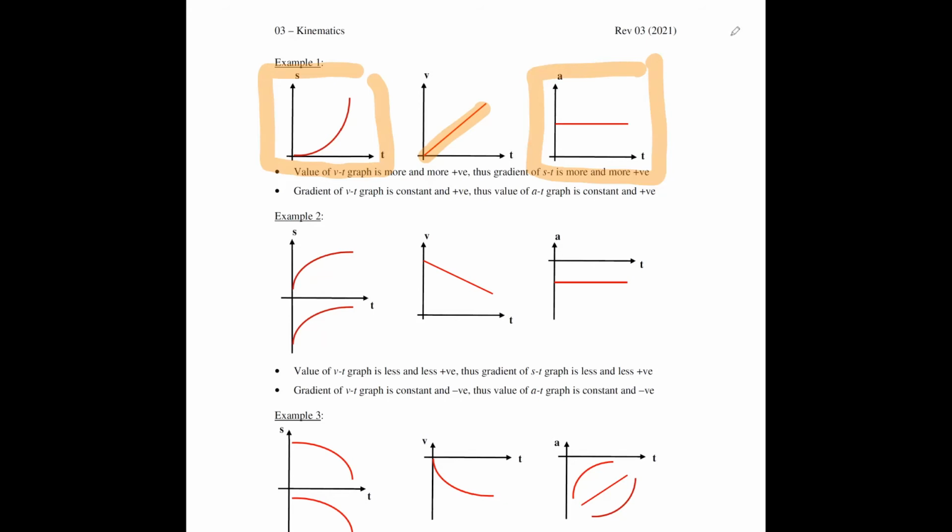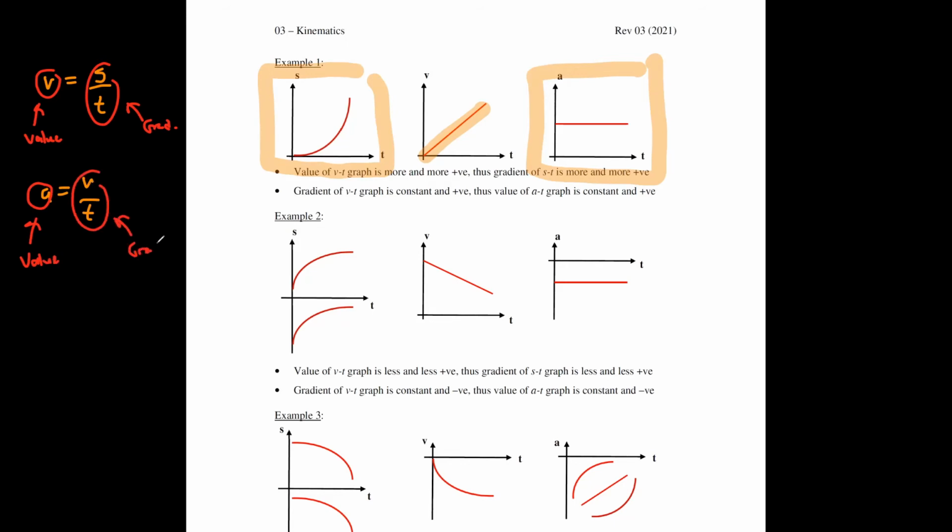But before I go through that, recall that velocity is the rate of change of displacement and acceleration is the rate of change of velocity. So from here, we say that the value of velocity is equal to the gradient of your ST graph. Likewise, the value of your acceleration is equal to the gradient of your VT graph.